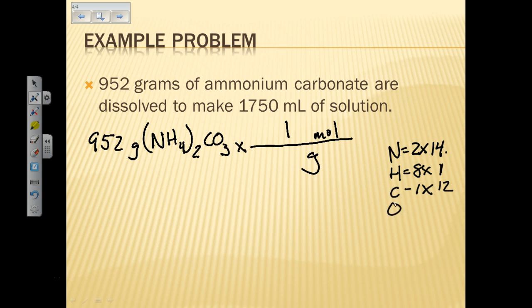And for oxygen, it's 3 times 16. Now we add all of this up. So this is 28, 8, 12, and 48. So 68 plus 28 is equal to 96. So this is 96.